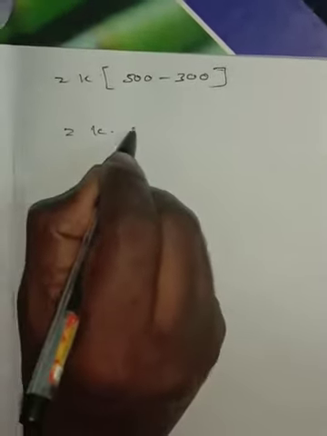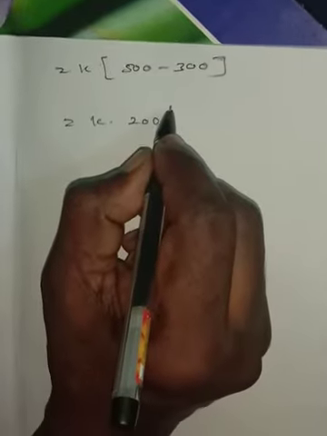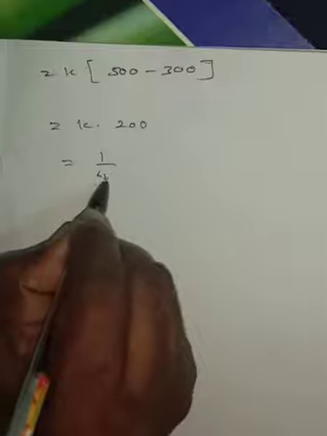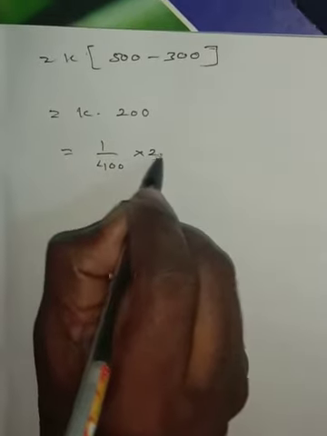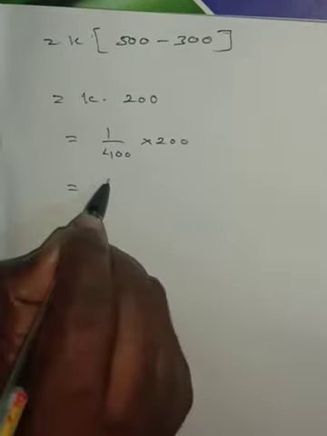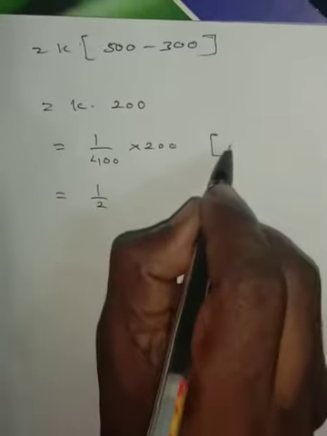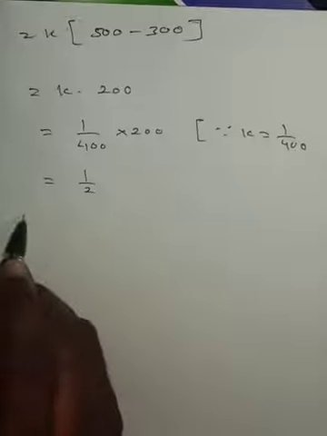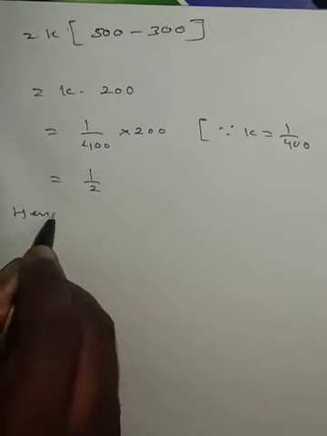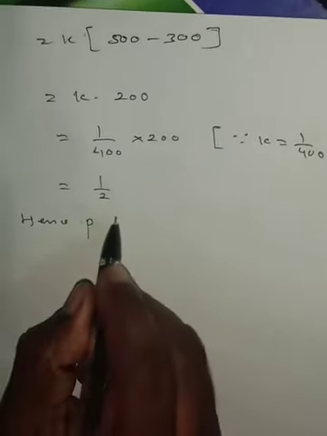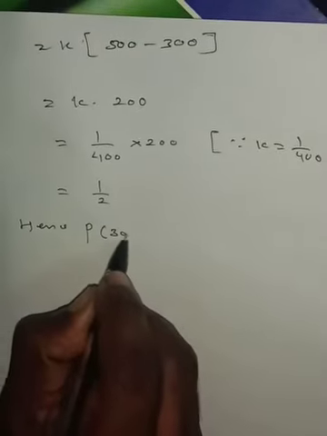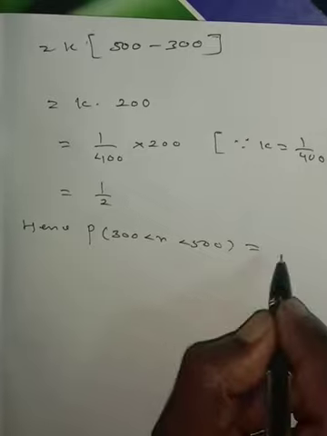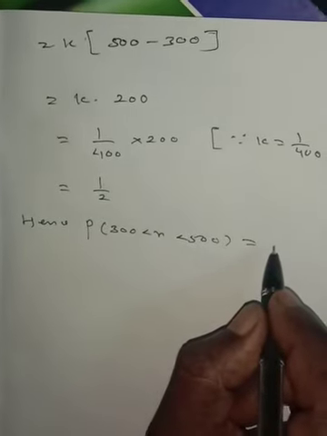K into 200, where k is 1 by 400, is equal to 1 by 400 into 200 is equal to 1 by 2. Hence probability of 300 less than x less than 500 is equal to 1 by 2 or 0.5, that is the answer.